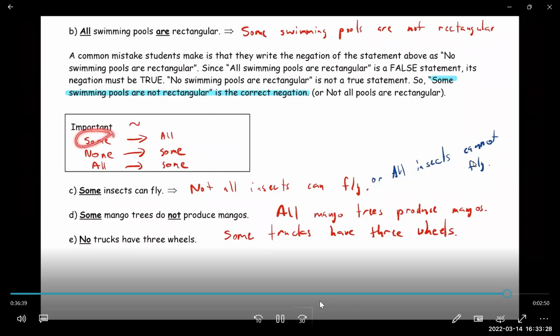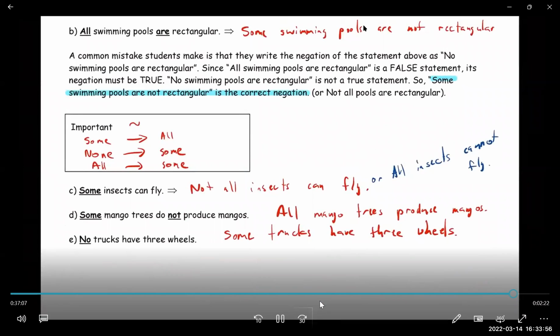So if you negate some, that means all. If you negate none, that means some. And if you negate all, that means some as well. Like over here, all swimming pools are rectangular. Some swimming pools are not rectangular. All right, this is a little tricky. You just have to be kind of careful with this.